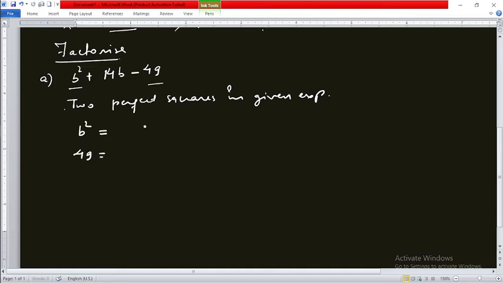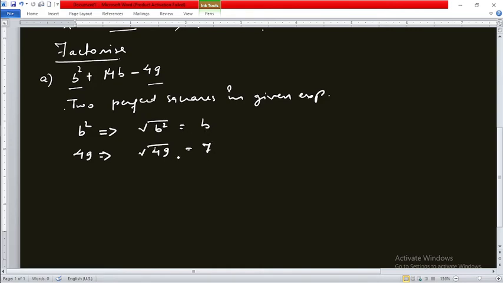Now the root of b square, as I told you earlier also, will be b, and the root of 49 will be 7. And how it is coming out, you can refer again at the top where I have explained it. Again, you can go back and see how 49 became 7. The square root of 49 is giving you 7, and the square root of b square is giving you b.